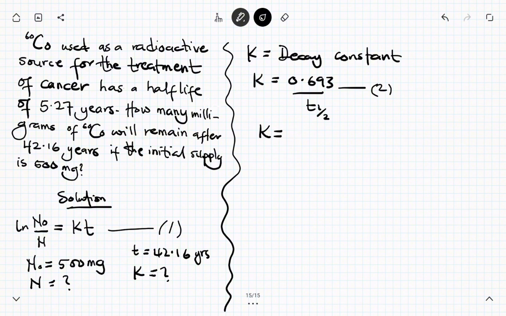K is equal to 0.693 divided by the T half, which is also given to us. T half is the half-life, which is 5.27 years.